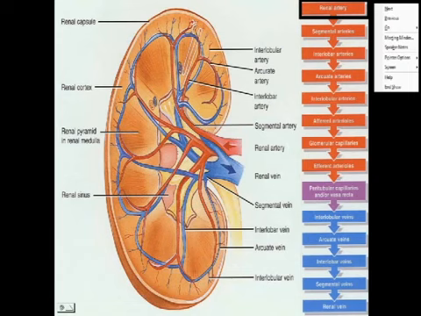Then interlobular arteries, and then we have the afferent arterioles, which are microscopic, and they enter into the glomerulus, and the glomerular capillaries are given by these afferent arterioles. They then give rise to the efferent arterioles, which come out of the Bowman's capsule. The efferent arterioles pass through the cortex and give rise to the peritubular capillaries and the vasa recta.